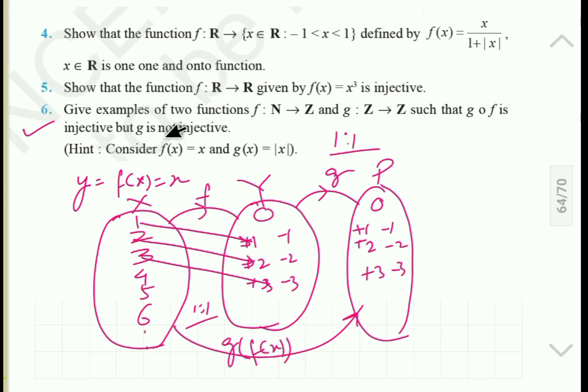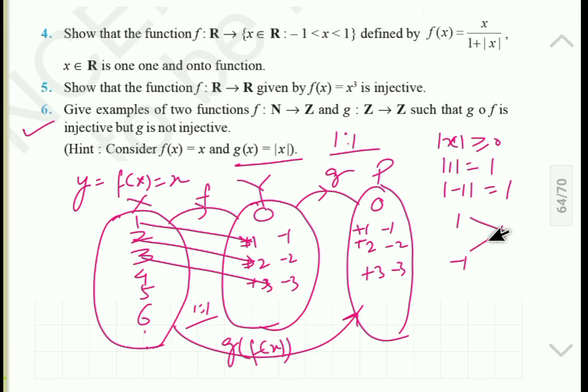Now let us see g. g is not injective, so we will take another function, that is modulus of x. We always know that modulus gives a value greater than or equal to 0. So modulus of 1 is equal to 1, and modulus of minus 1 is also equal to 1. So for different x, I have the same y.